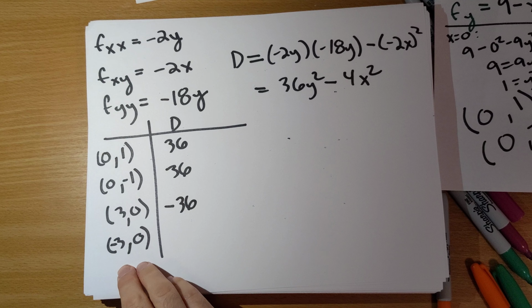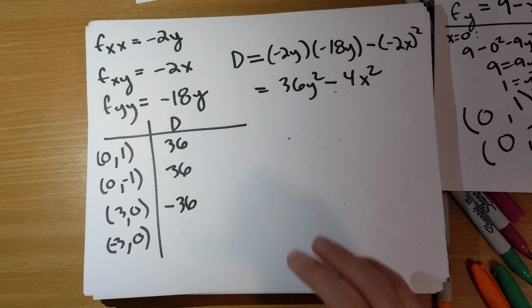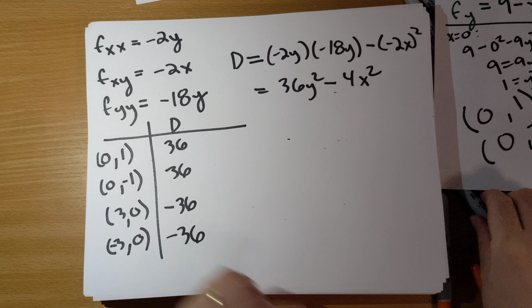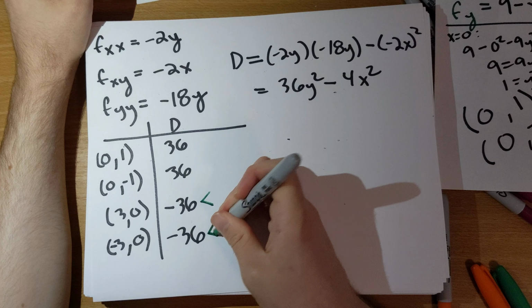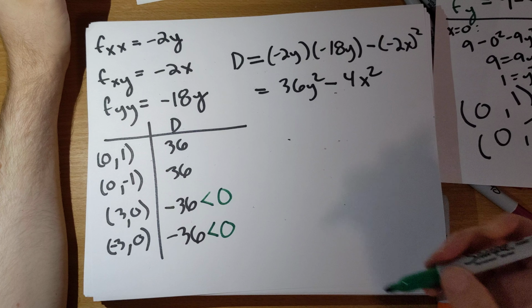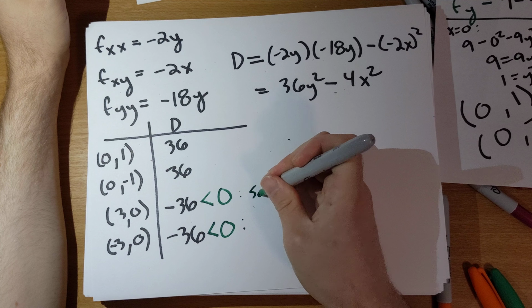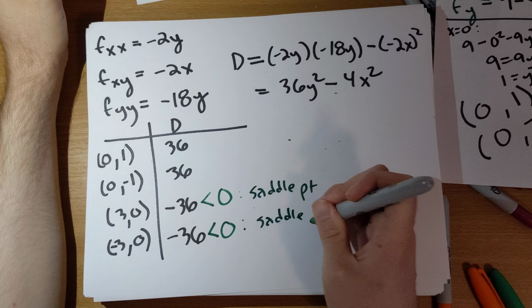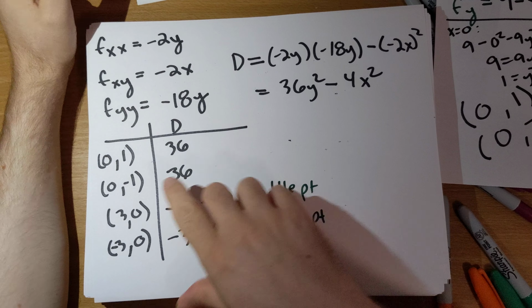And x is negative 3, y is 0, plug that in here, that also gives us negative 36. So for the third and the fourth, we can see that the discriminant is negative. Negative discriminant means saddle point. And for the first two, the discriminant is positive, that means local max or local min.